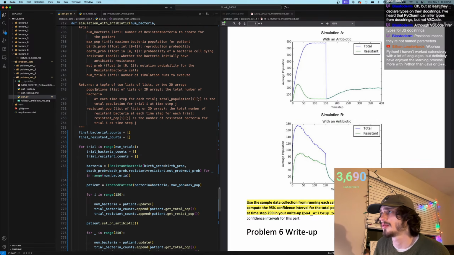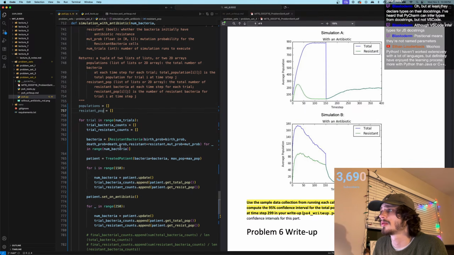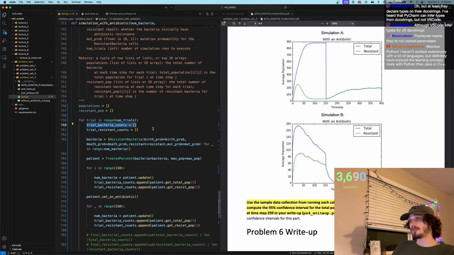So we have populations, resistant pop. For every trial, we're going to have the trial bacterial counts and then resistant counts.